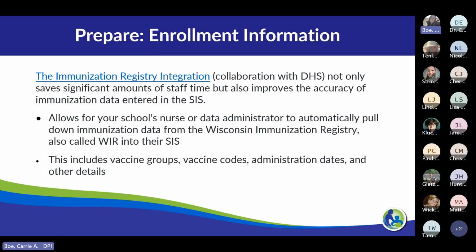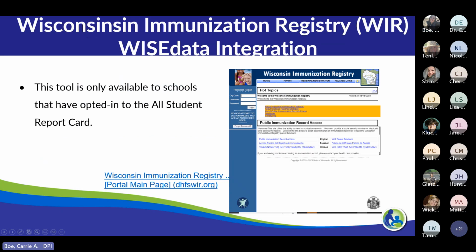Schools were telling us it takes so much time to input all of this data into our CIS one by one. So what we've done is we've collaborated with Department of Health Services to pull down from the Wisconsin Immunization Registry all of those pieces of data to populate into your SIS. So this is something that's built into your SIS. If you are an opt-in school, you can pull that data down and have it populate. If you're interested in that, please submit a help ticket and we can get you going.